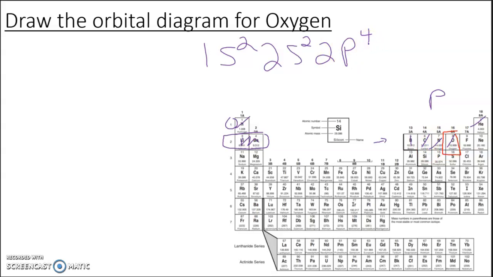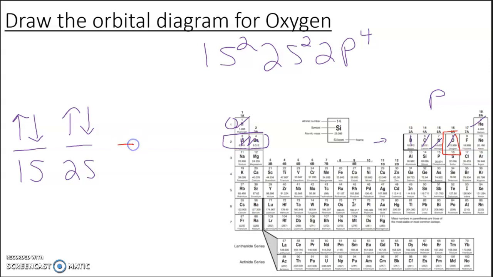And so how I would draw this, I'm going to represent my 1s orbital. 1s only has one orbital, so one line, and I write 1s underneath it, and it's got 2 electrons in it, one arrow up, one arrow down. And then 2s. 2s has one orbital, and I'm going to write 2s underneath it, one arrow up, one arrow down, because it has 2 electrons in it. Now p. P has 3 orbitals, so I'm going to change colors.